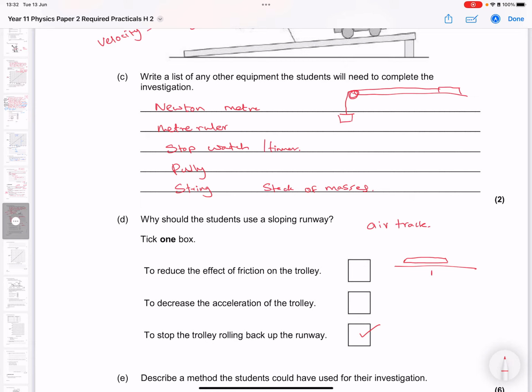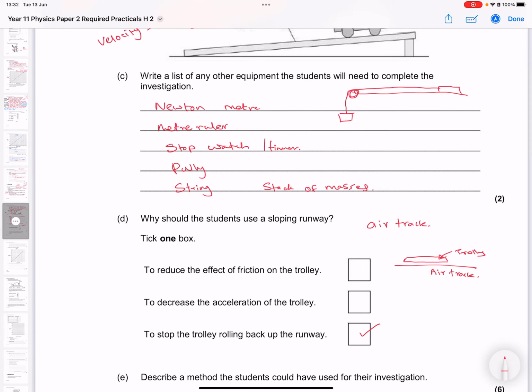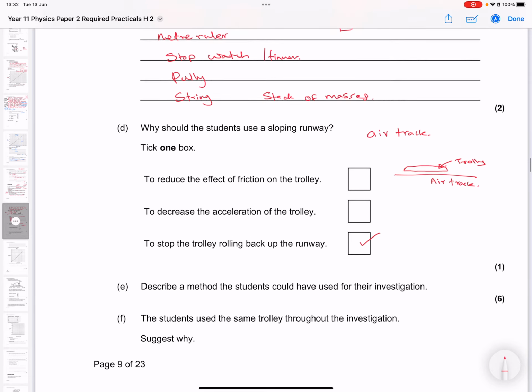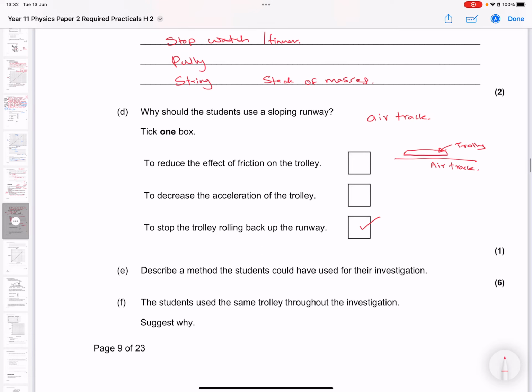So if we are using air drag, the trolley is going to be levitating and it's not going to be touching, then it's going to reduce the friction. But the reason why they are using the slope in this particular example is to stop the trolley rolling back on the runway.